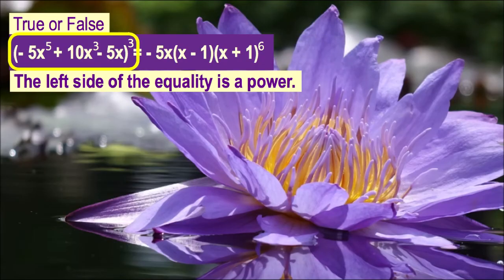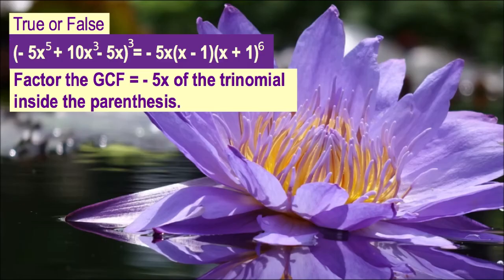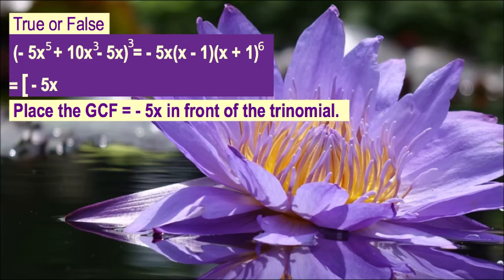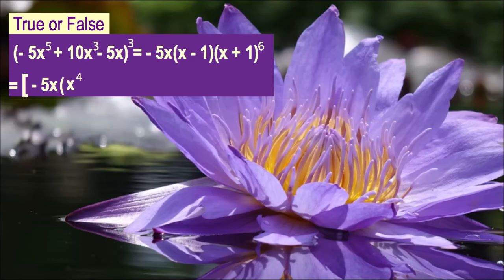The left side of the equality is a power, while the right side of the equality is a product. Factor the GCF of negative 5x of the trinomial inside the parentheses. Place the GCF negative 5x in front of the trinomial, and to factor this GCF, it means to divide each term of the trinomial by the GCF.